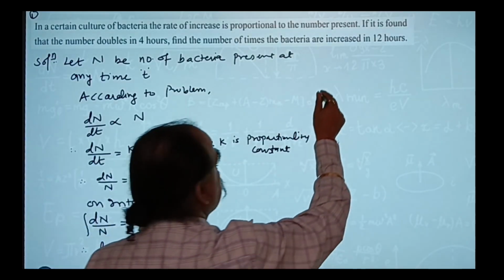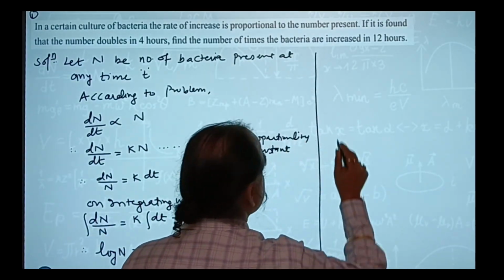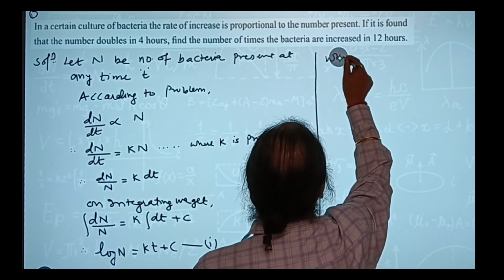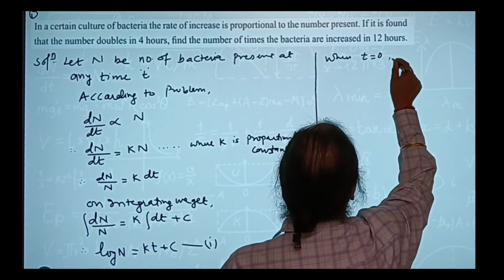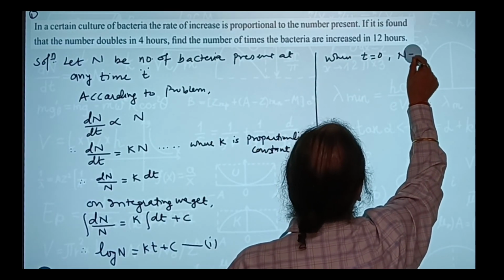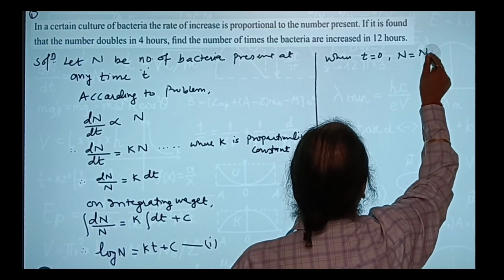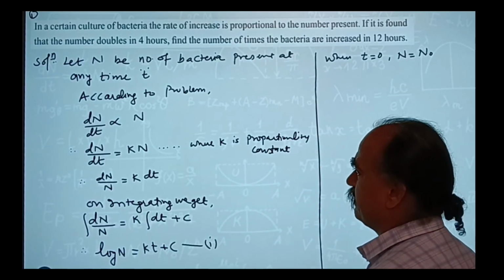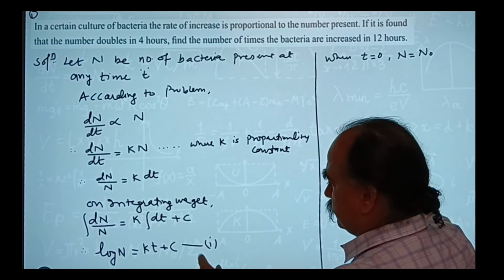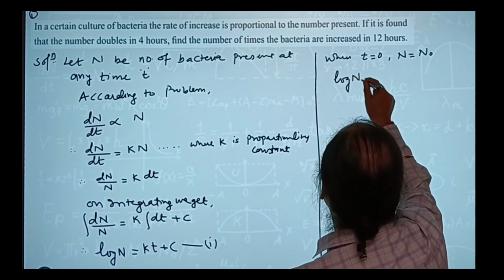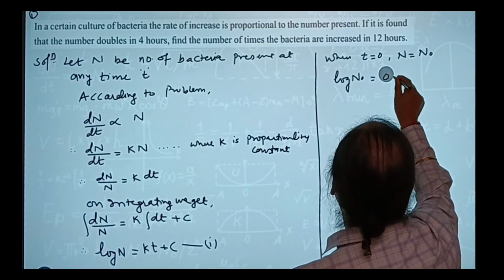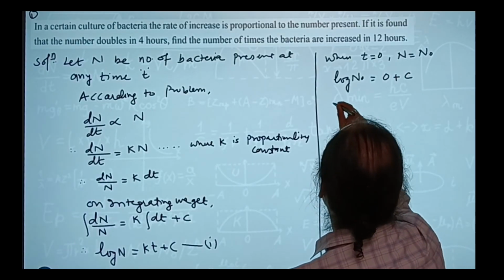When time is 0, that is when t is 0, n is n0, the original number of bacteria. We'll get log n0 is equal to 0 plus c.